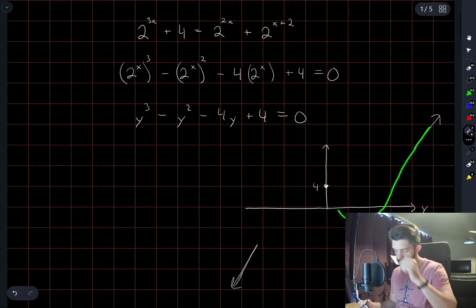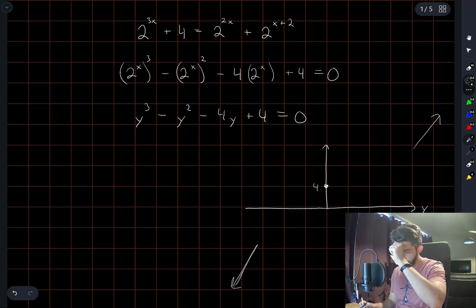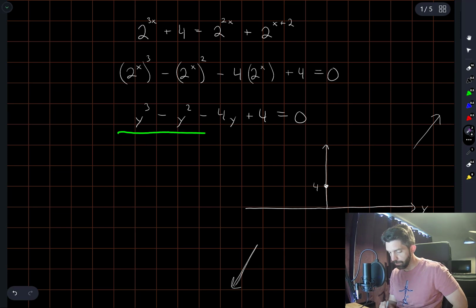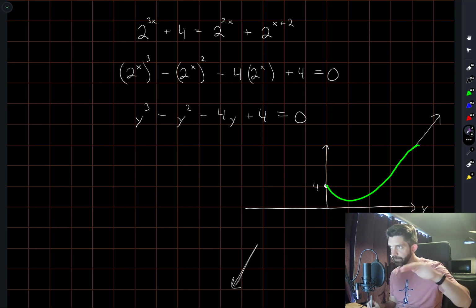So I've got to figure out which of these two cases occurs. I'm going to take a derivative of this and set it equal to 0 and then solve for y, because that will give us the value of y which minimizes this curve.